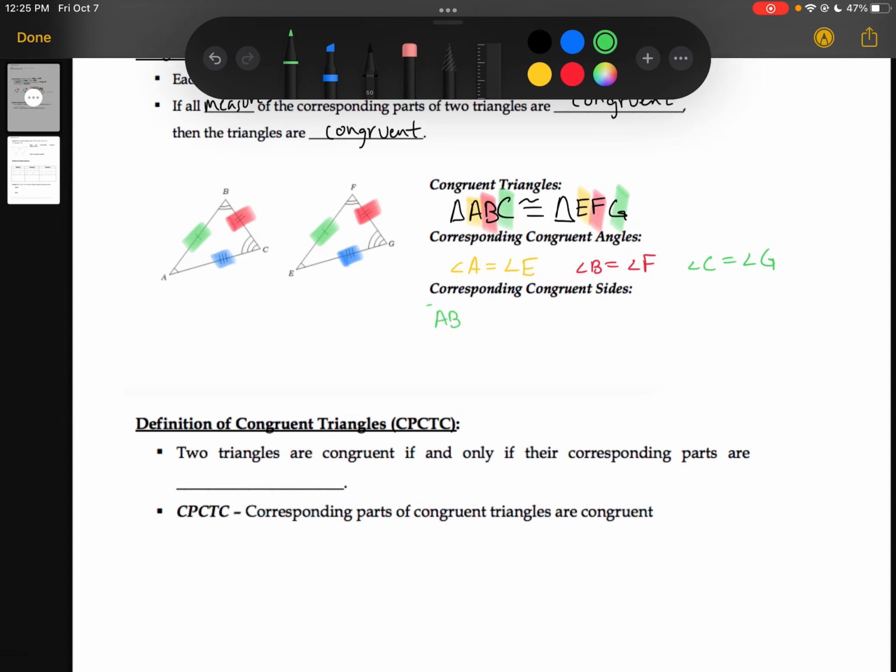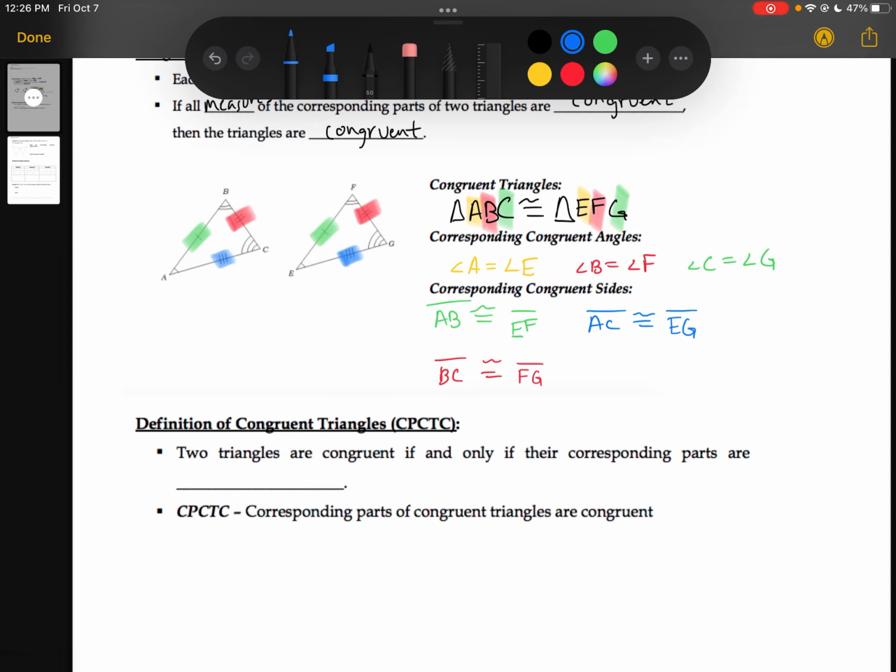So side AB, so line AB is congruent to line EF. These are the sides of our triangles that match up with the green. If we keep going here for red, BC matching with FG. And then lastly in blue, AC matching with EG. So again, looking for our pairs that match. Color coding definitely does make this just a little bit easier.